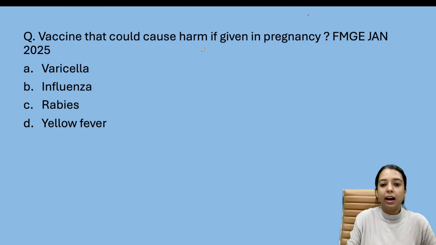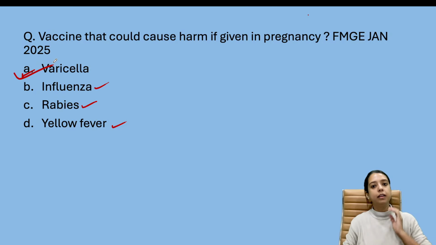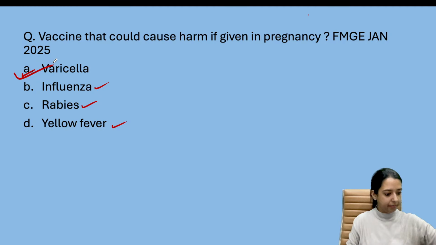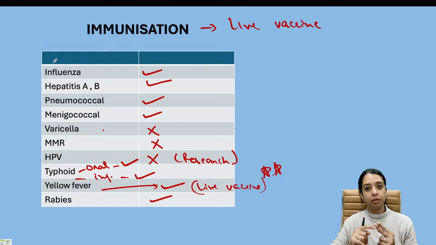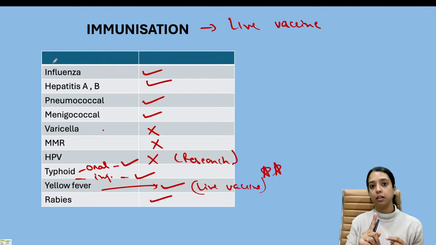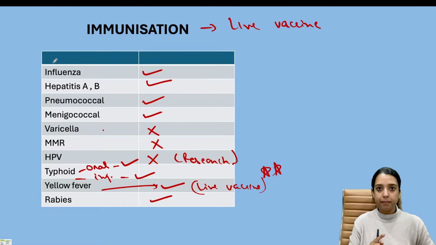Vaccine that could cause harm if given in pregnancy: yellow fever देते हैं, rabies देते हैं, influenza देते हैं, varicella will cause harm. I can't give varicella. ठीक है. टाइफॉइड की दो तरह की वैक्सीन आती हैं, ओरल और इंजेक्टेबल. टाइफॉइड ओरल आप नहीं दे सकते हो, that is live, but typhoid injectable is killed, वो आप दे सकते हो. ठीक है.